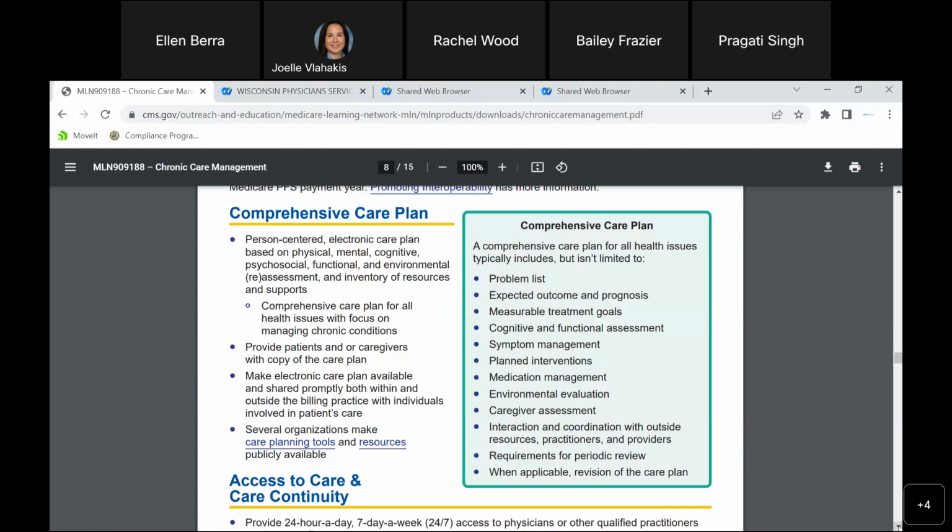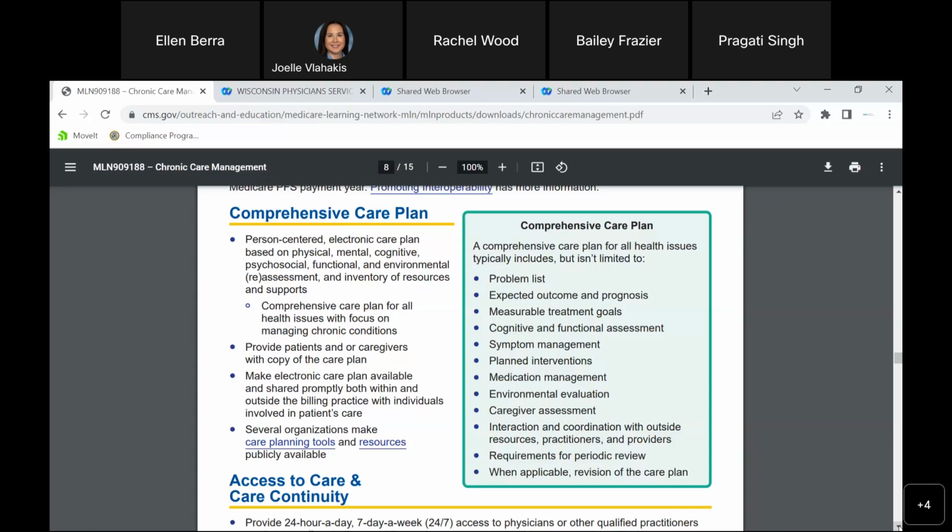As part of this comprehensive care plan, you need to identify that additional problem and then who's treating that, because you will need to have conversations or exchanges of information on that care plan so that it is a comprehensive care plan for that patient.